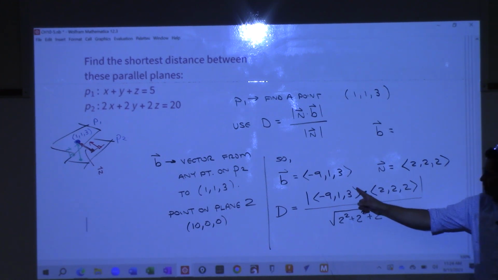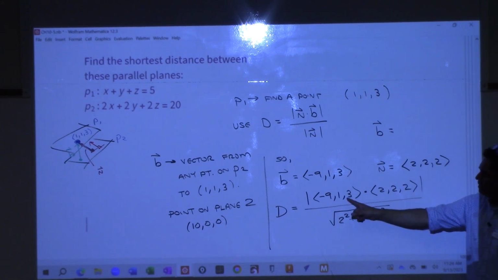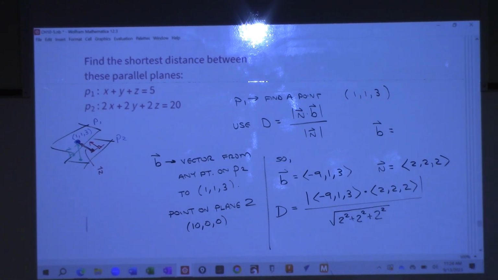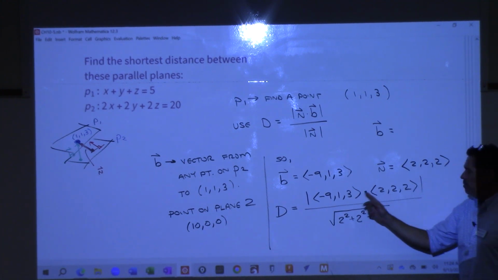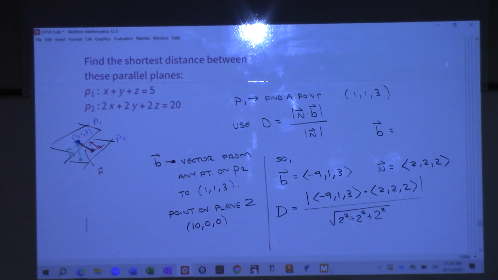So there's n dot b. Actually, I did this backwards, b dot n, right? Does it matter with dot products? No. It matters with cross products, right? But it doesn't matter with dot products because we're taking the absolute value anyway. But we're taking a length or an absolute value, so it's not going to have any effect.